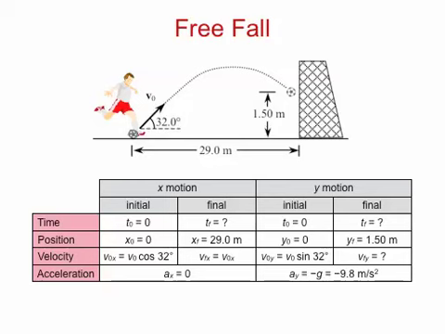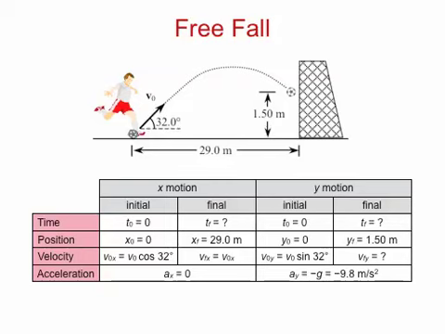We're not told v0x or v0y, but we are told that the initial direction of the ball is 32 degrees above horizontal. The initial speed v0 is not given. In fact, that's what the problem asks us to compute. So we express both v0x and v0y in terms of the unknown v0 and the known angle 32 degrees.